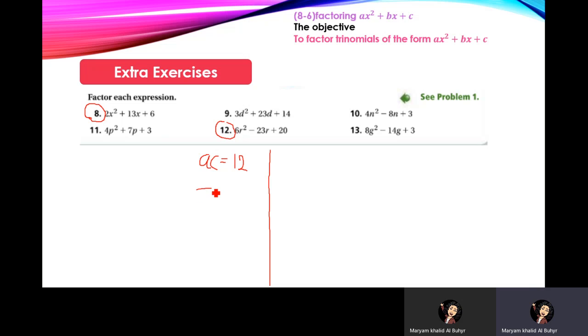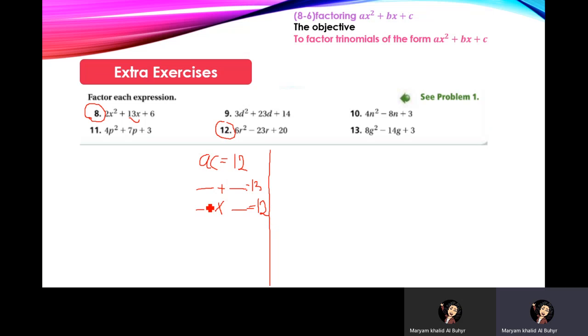All right, now I'm going to think about two numbers. Once I add them, I will get what I have in the middle here, 13. So it is 13. Once I multiply them, I will get 12.